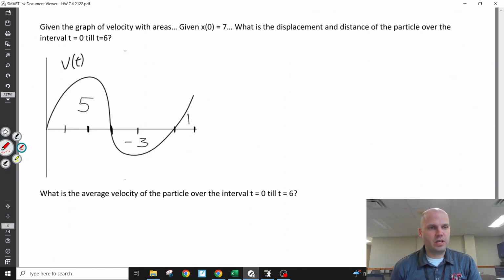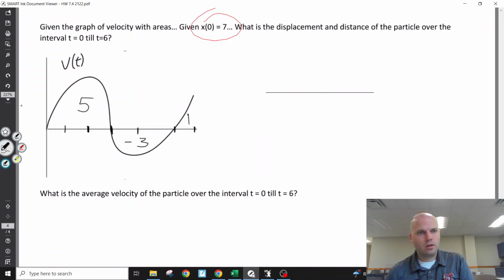All right, these ones should be easy. Oh, this is good because they give you x of 0, 7. We should be experts at these. They're really easy. 0, 3, 5, 6. Positive, negative, positive.